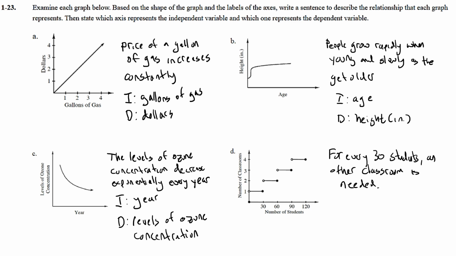So since number of students determines how many classrooms, the independent variable will be number of students, and the dependent variable will be the number of classrooms.